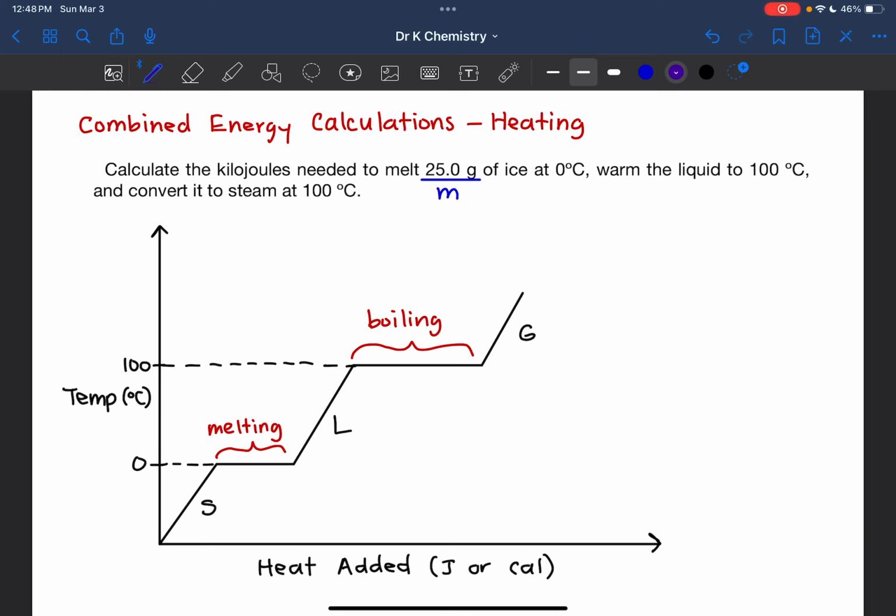So if we are looking at the melting process, when we are melting something, we have a mixture of a solid and a liquid. And during that process, we have a phase change. We're going from a solid into a liquid.